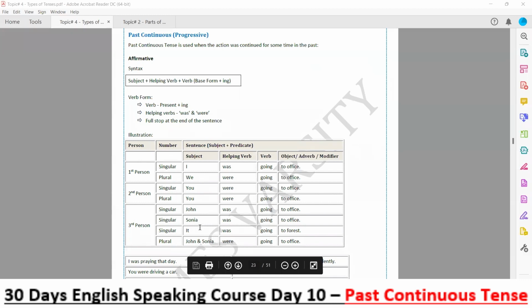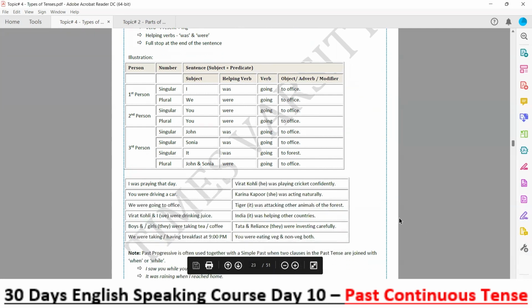So first subject, then helping verb. There are two helping verbs, was or were. Was is used with the first person singular and third person singular, and for the rest of the pronouns were is used, with the ing form of the verb, and the rest of the sentence remains the same. For example, Virat Kohli was playing cricket confidently.